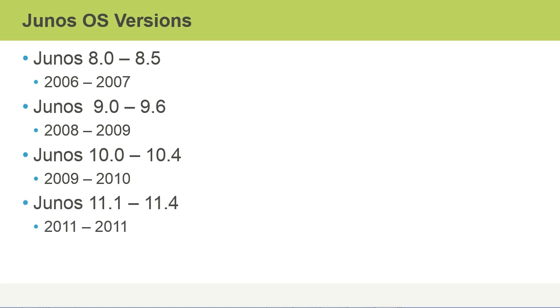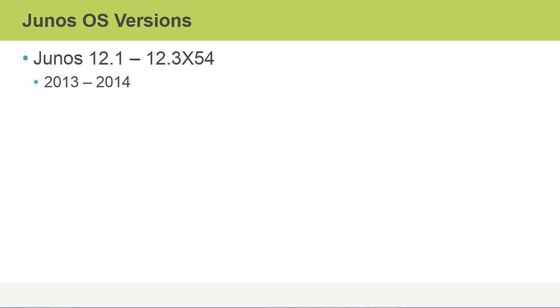And then in 2011, we had Junos OS 11.1 through to 11.4. And then in 2013 through to 2014, we had Junos OS 12.1 up to 12.3. In 2014, we had Junos OS 14.1 up to 14.2.